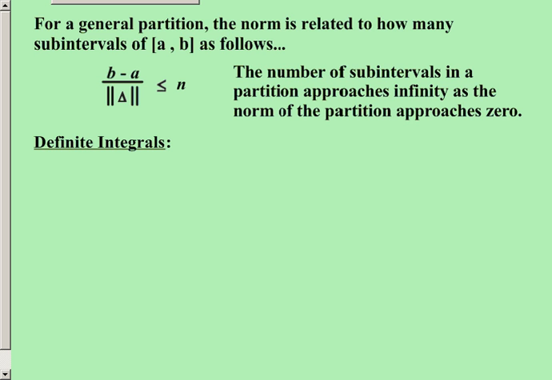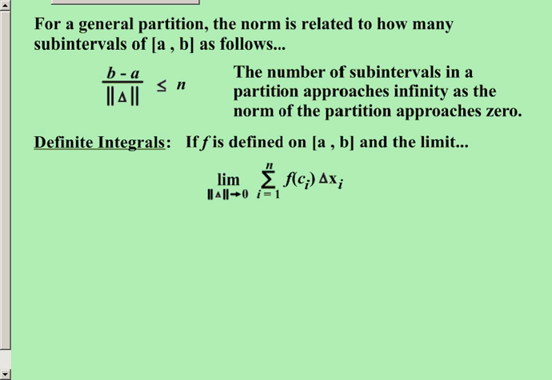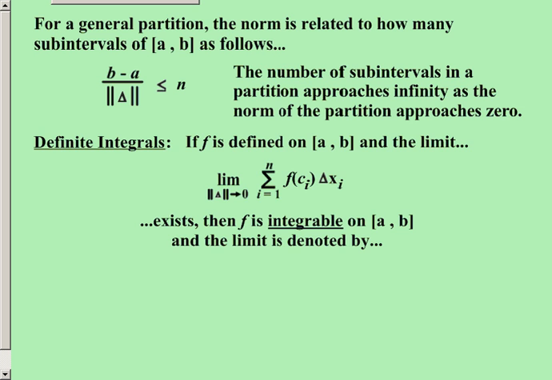Okay, so definition of definite integrals. If the function is defined on a closed interval from a to b, and the limit as the norm goes to 0 of the summation as i goes from 1 to n of the function evaluated at c sub i times delta x within the ith subinterval exists, then the function is integrable, sorry, tough word to say there, on the closed interval from a to b, and the limit is denoted by this.